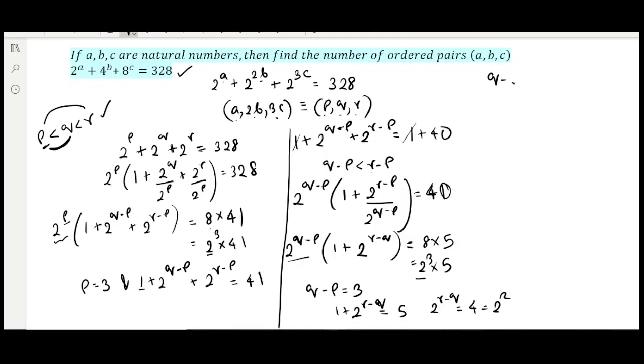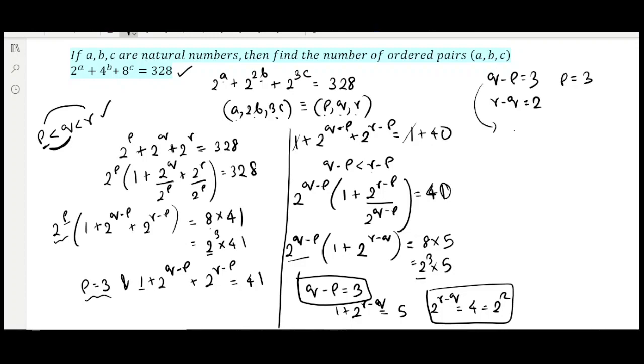We get q minus p equal to 3, and from here we get r minus q equals 2, and we had p equal to 3, so we get q equal to 6, and from here r equals 8. So we get the values of p, q, r basically.